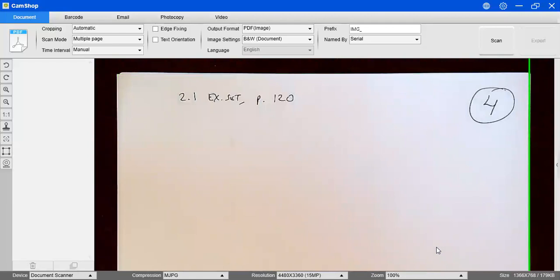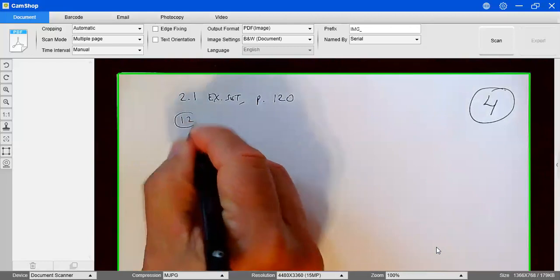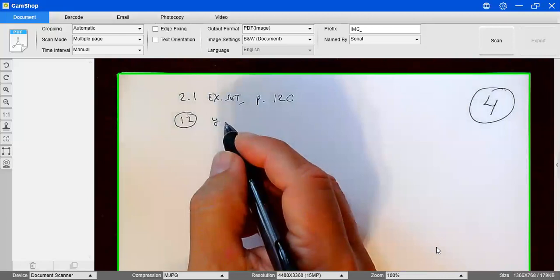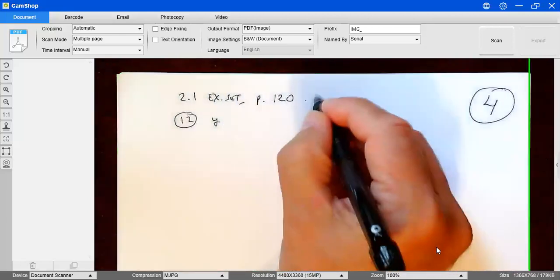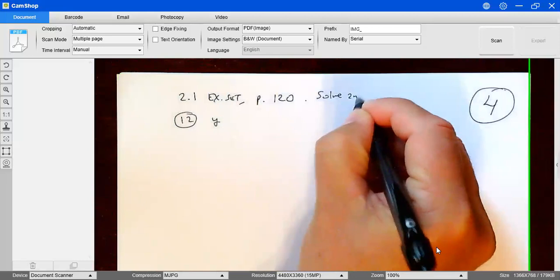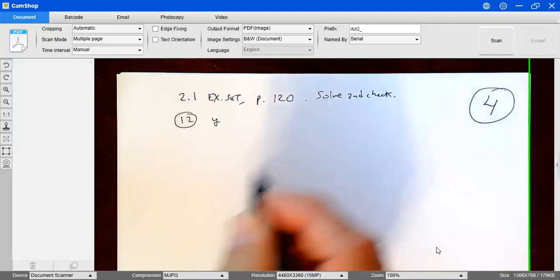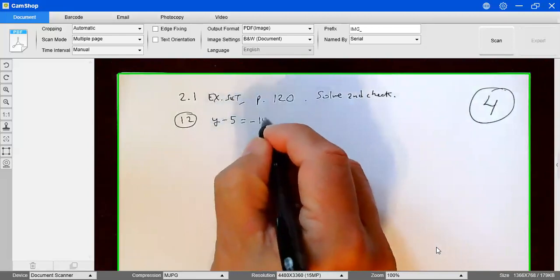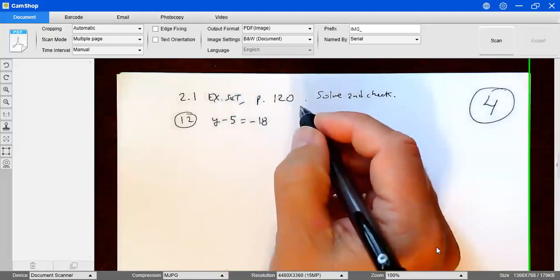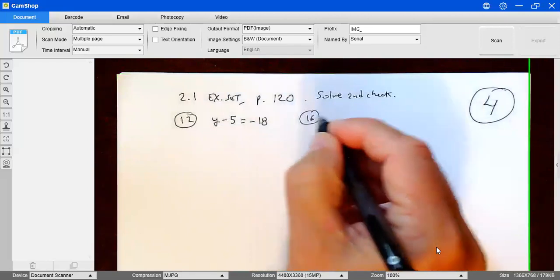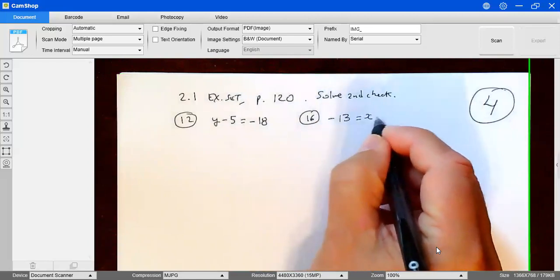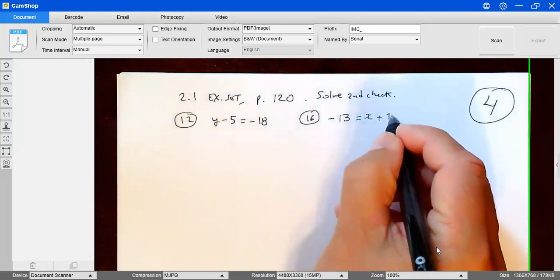So we have these problems for you. We have problem 12. The directions are solve and check. So y minus 5 equals negative 18. Then we have problem 16. Negative 13 equals 11 plus x plus 11.